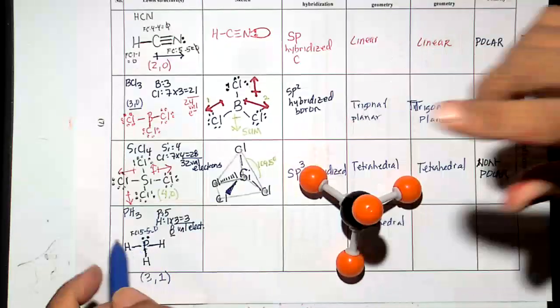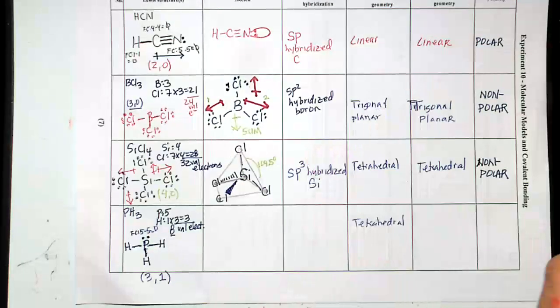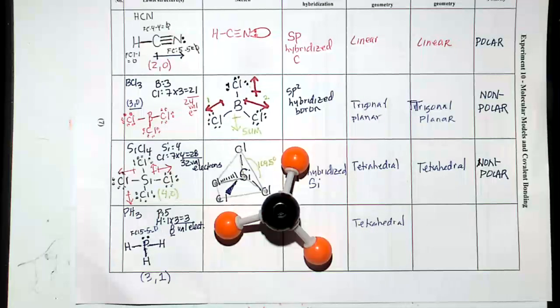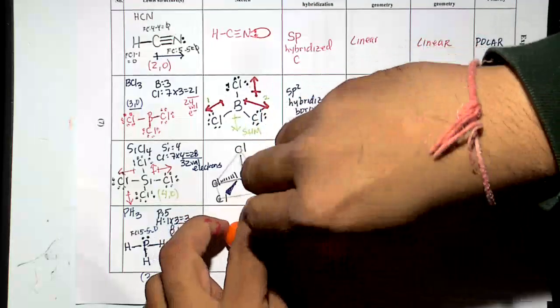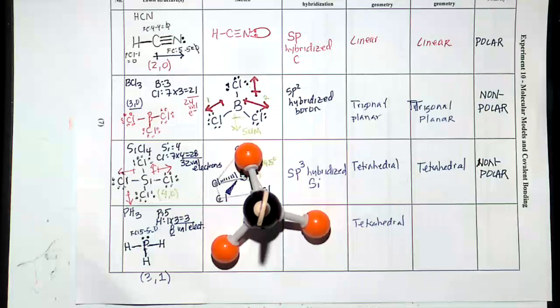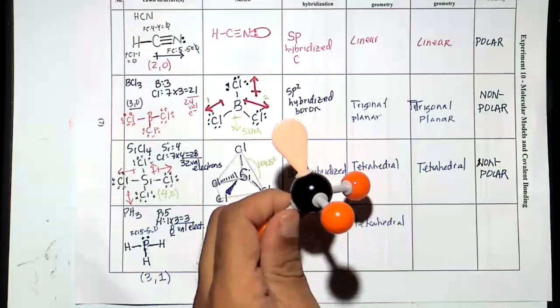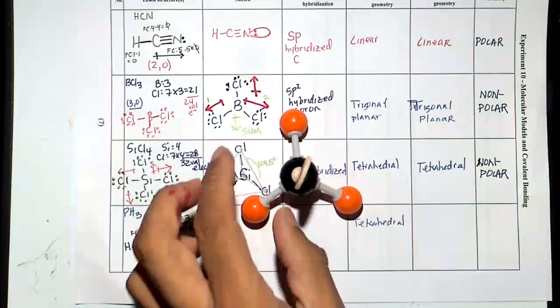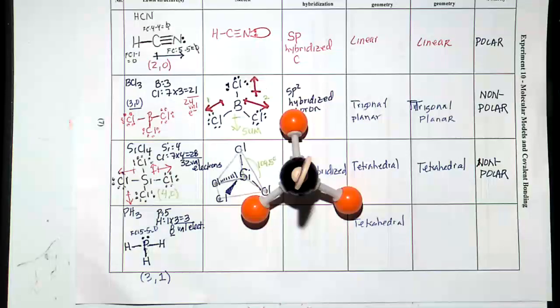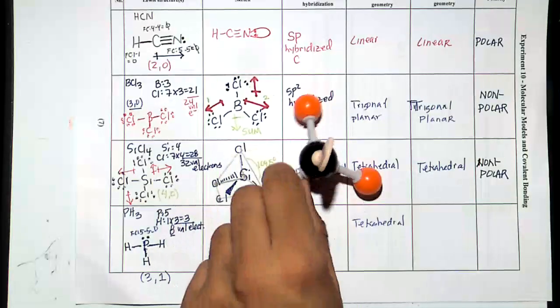So what you can do is take a tetrahedral, remove that atom, and replace it with a lone pair. That little lobe is the lone pair. So putting the lone pair really messes up the geometry.